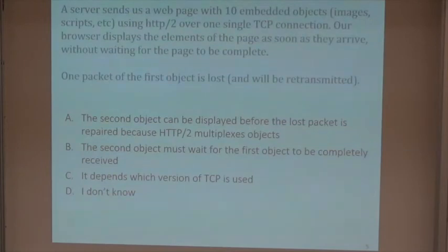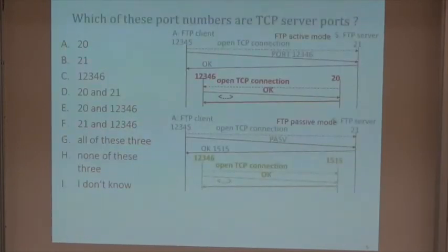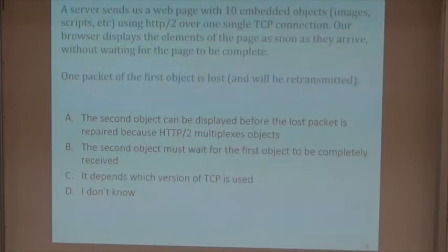So we said it's inefficient to use multiple connections, but there are also drawbacks in using a single connection. Nonetheless, this is what is done today. If you go on the web, with one exception that we'll mention in a second, you are probably using HTTP2, and this happens exactly.